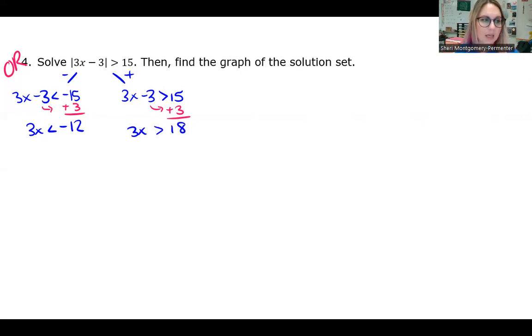And then 18. And then I just have one last step. How do I get x by itself? Divide by 3. Very good. And I can go ahead and jot that down for both of my branches. Negative 12 divided by 3, I get negative 4.